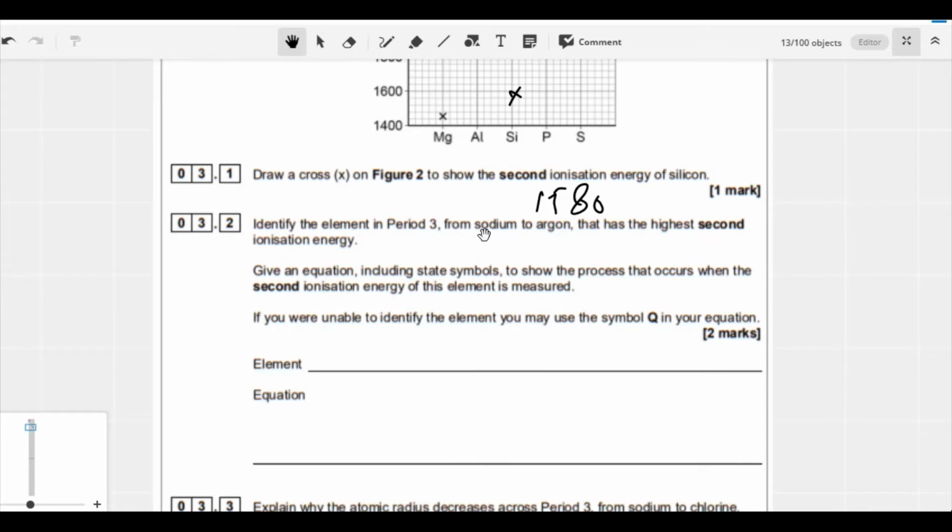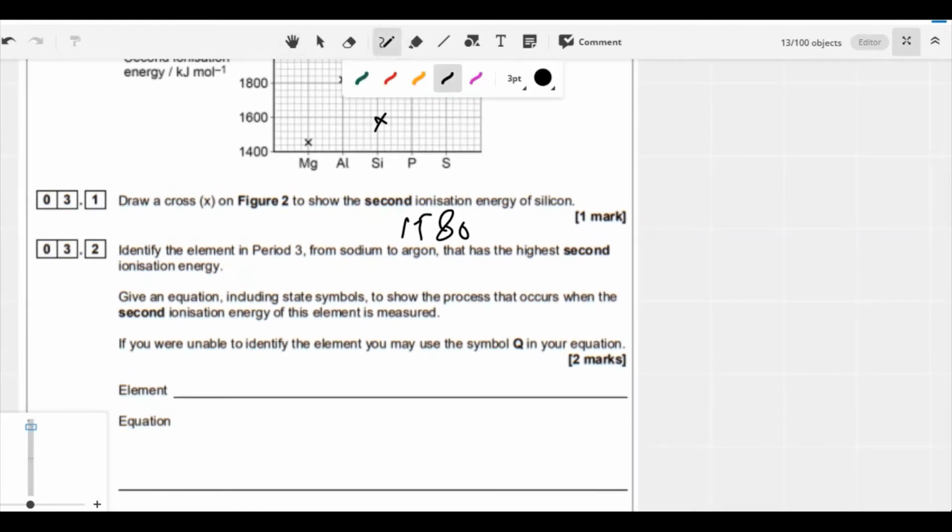Okay, next question, identify the element in period 3 from sodium to argon that has the highest second ionization energy, not first. So as you know, the highest second ionization energy in period 3 will be for sodium, because the first ionization converts the sodium ion into Na2+ with one more electron loss.